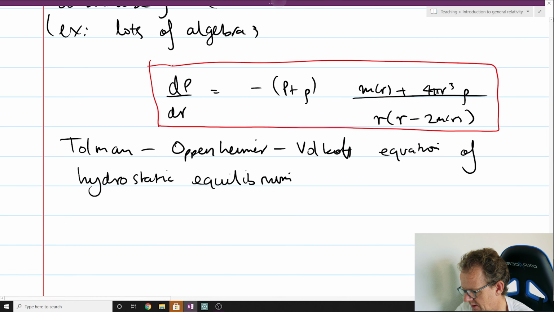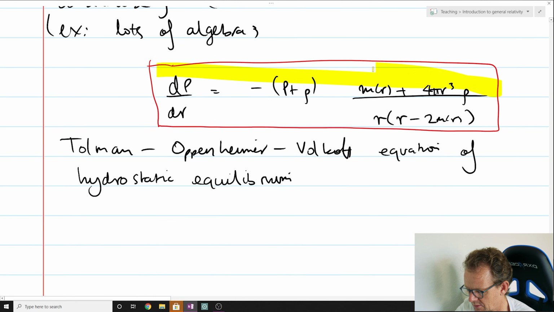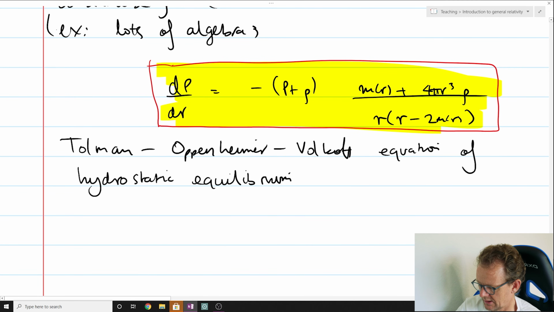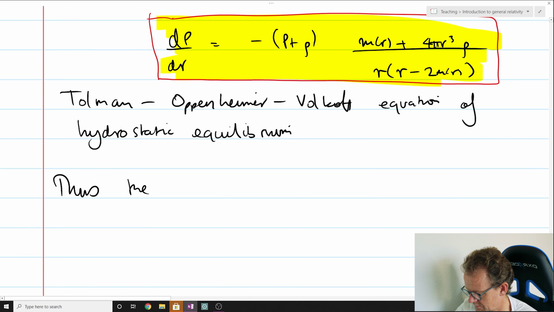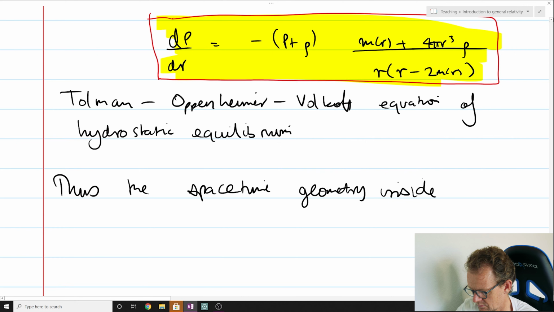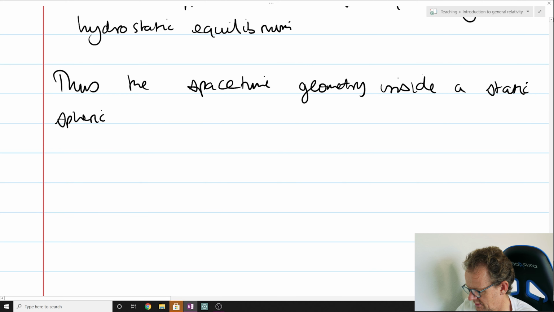So this equation has to be satisfied in addition to the other two that determine, in a sense, f and h. Once you've gone ahead and substituted your pressure versus density relationship and you've satisfied all these equations, you'll have the metric. And the metric will take the following form.